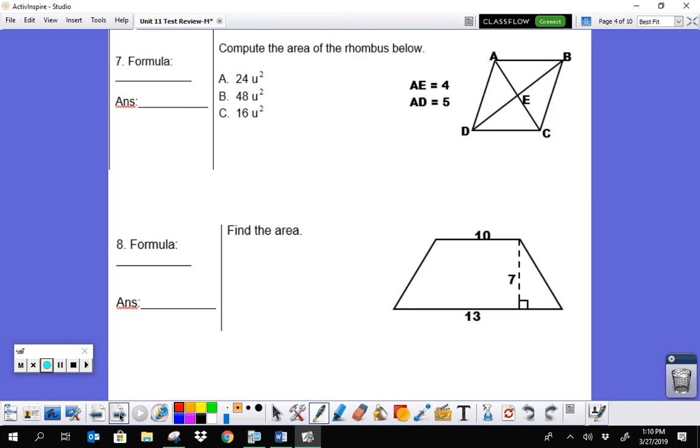Number 7, compute the area of the rhombus. Okay, so this is a parallelogram, and so my formula for this is going to be base times height. Right. Okay, so actually here we will use, not the formula for a parallelogram. If you look at your formula chart, it's going to say area of a rhombus or kite.